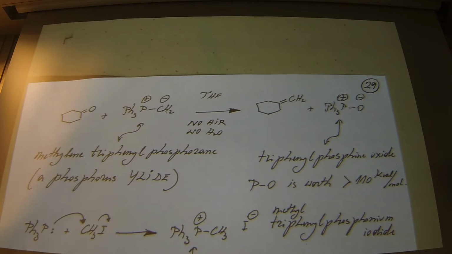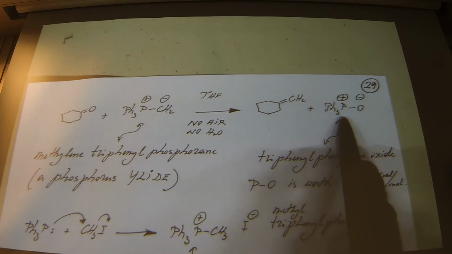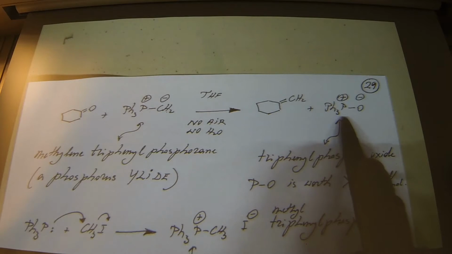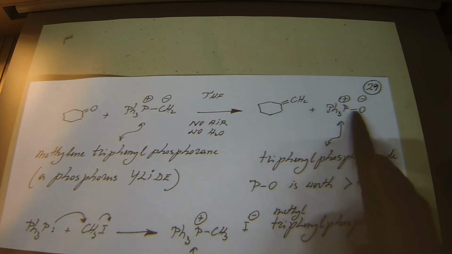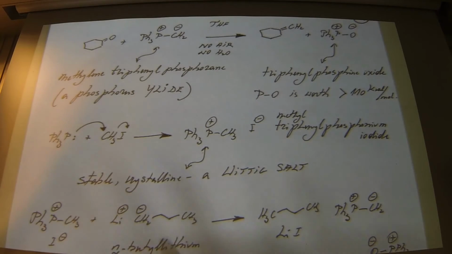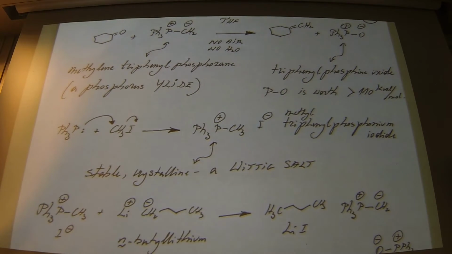Not only that, but this isn't really waste. This is valuable and has to be recycled. And because this is a strong bond, you already know that reducing this back to triphenylphosphine is going to be kind of a trick. So there are some problems with it. Nonetheless, this is used on ton scale, believe it or not.